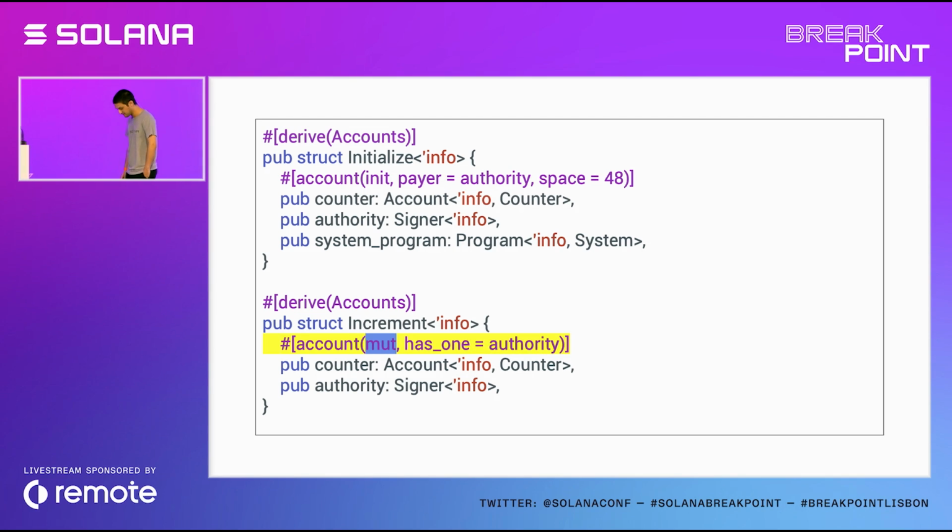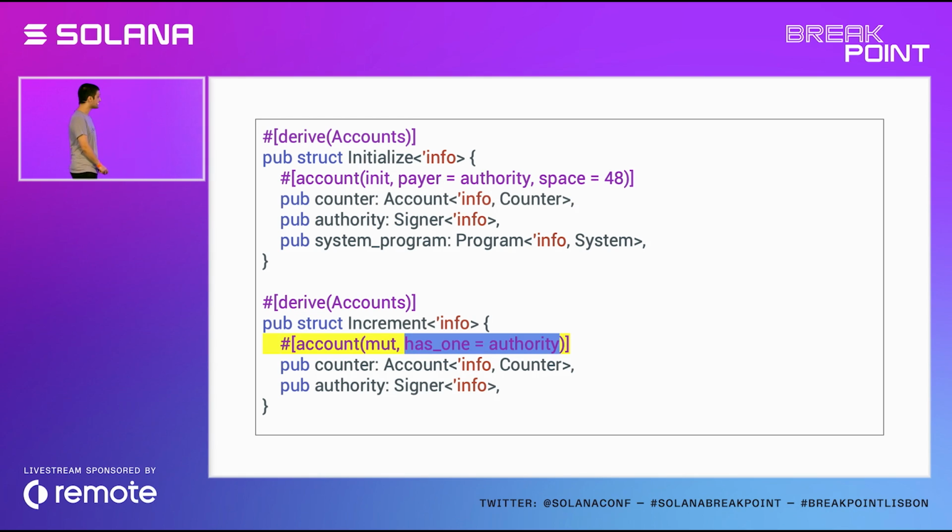The mut keyword stands for mutable, and it basically allows us to persist the state transition whenever we update the struct. So if we modify any of the fields on the counter that is being decorated here, then we'll store that to storage, and the state transition will be persisted.